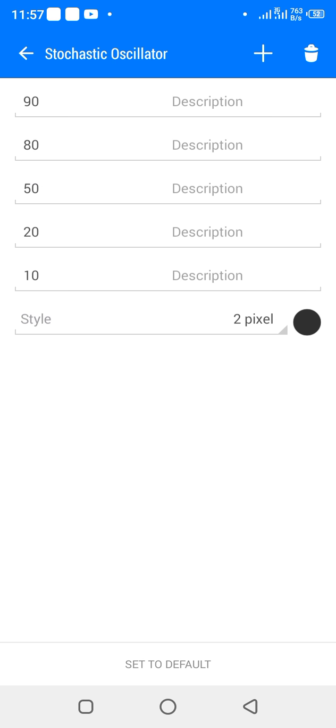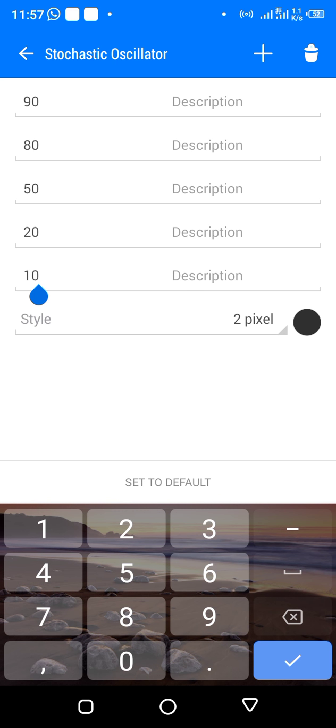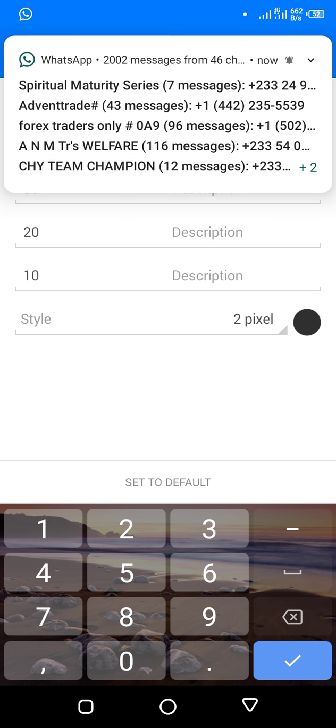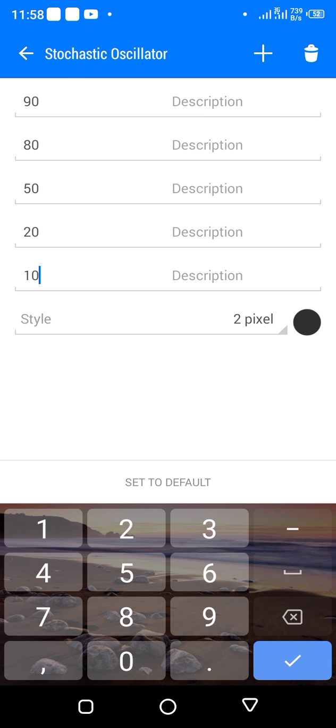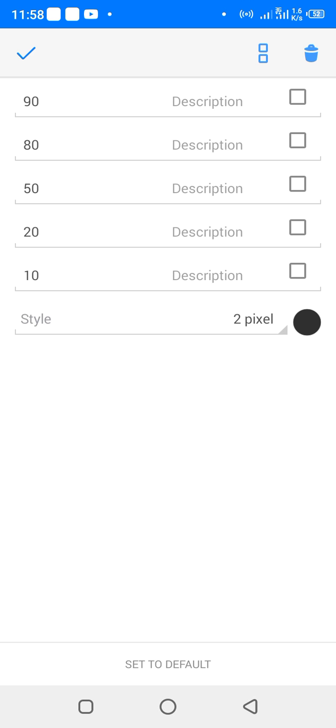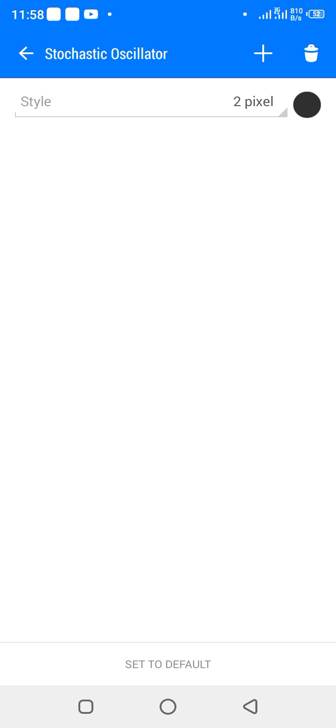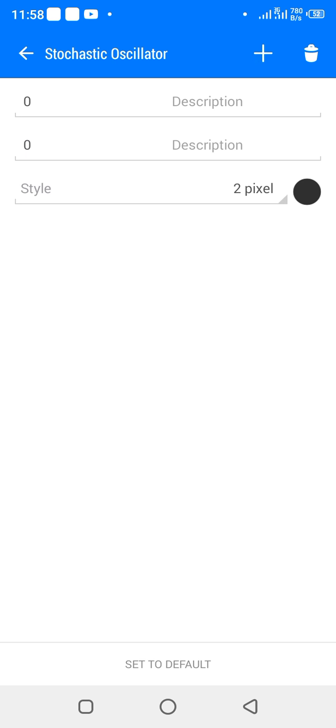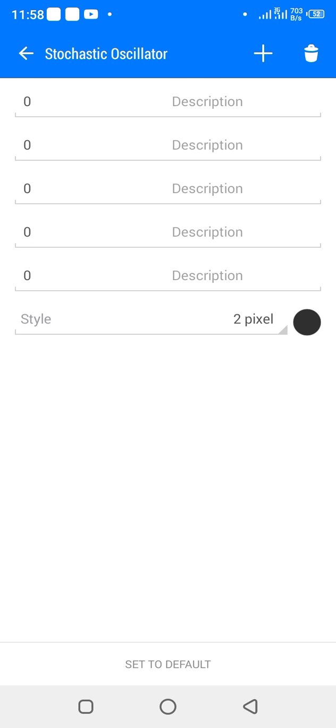When you click here, you can delete all of the existing levels before you will be able to enter these numbers. The style is 2 pixels, and the color is black. So when you click on the delete symbol here, and then click on all of them, you will be able to delete them. Now when you do that, you can add.